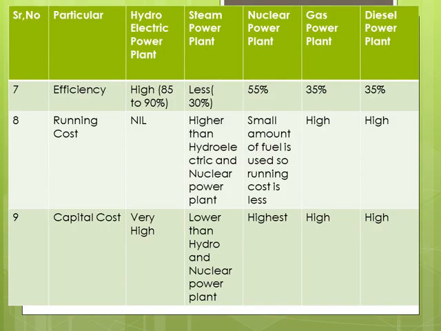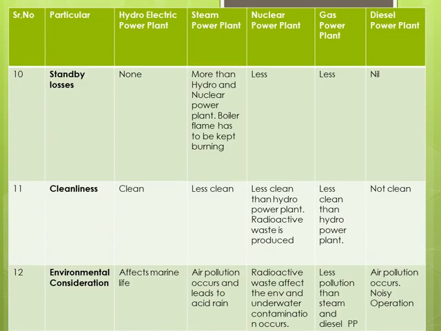For gas power plant it is high, and for diesel also capital cost is high. Standby losses are nil for hydroelectric power plants, more for steam power plants because the boiler flame has to be kept burning here. For nuclear and gas these are less, and nil for diesel because they can be started instantly.